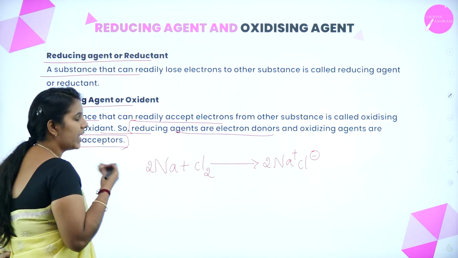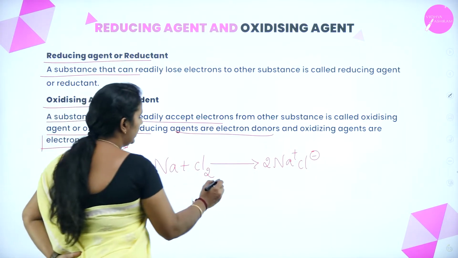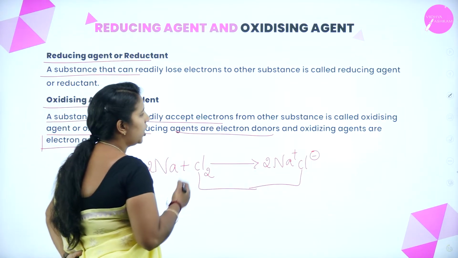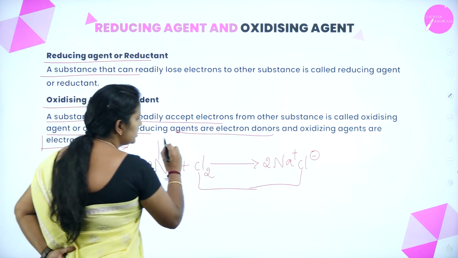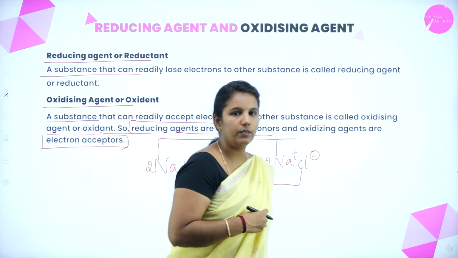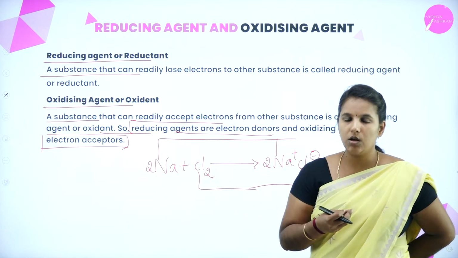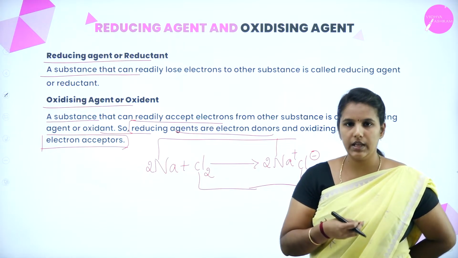It is known as an electron donor because it will donate the electron. So here the chlorine is an electron donor, whereas the oxidizing agent is the electron acceptor. So sodium is an electron acceptor. This is how we can easily remember reducing agent as well as oxidizing agent.